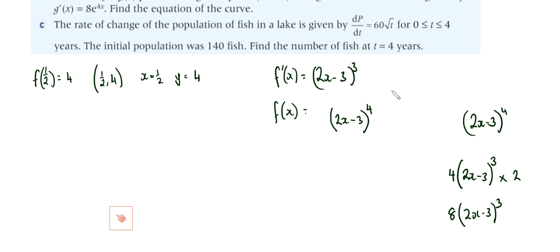I want (2x minus 3) to the power of 3, so we have to divide by 8. So I'm going to put a 1/8 in there, because if I started with 1/8, this would have been 1/8 times 8, which would have given me the 1. So that's the adjustment that I can make.